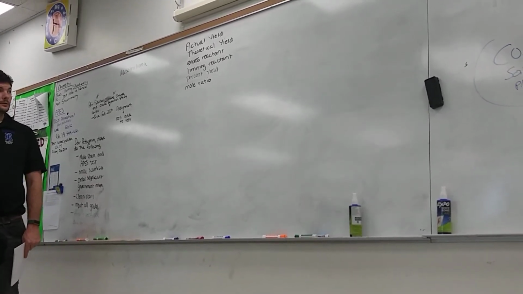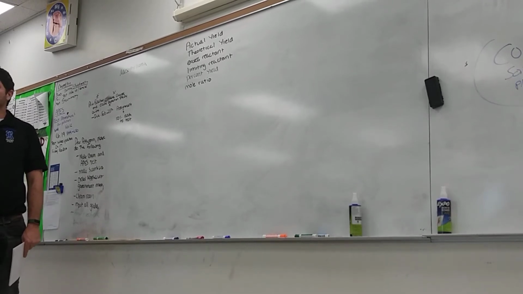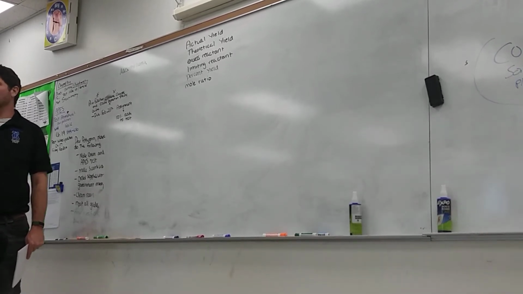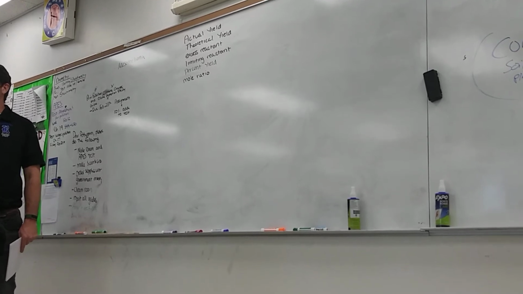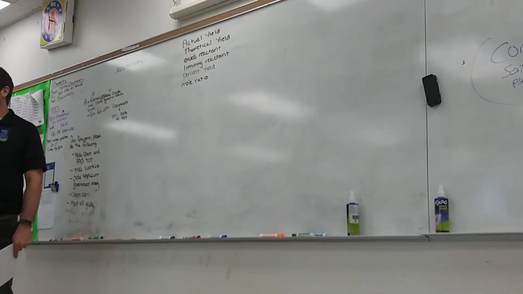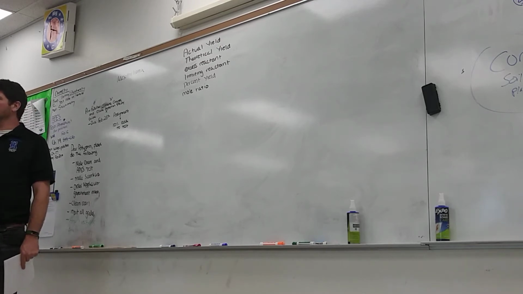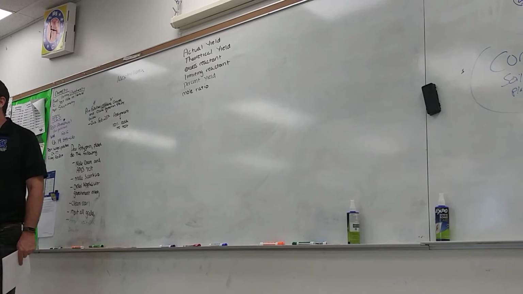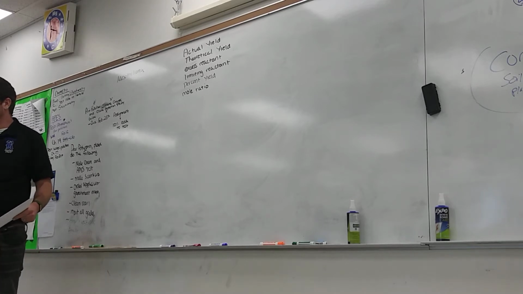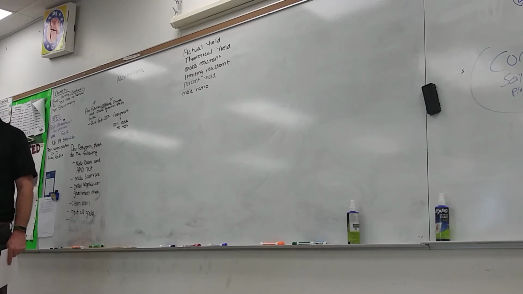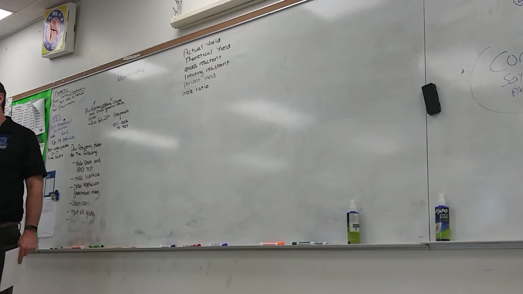So let's talk about each one of these things, right? Let's start with actual yield versus theoretical yield. Which one do you think is always larger? The theoretical. Because the actual yield is always a percentage of the theoretical yield. The theoretical yield is like 100%. If you assume 100% actual yield, the actual yield and the theoretical yield would be exactly the same thing.